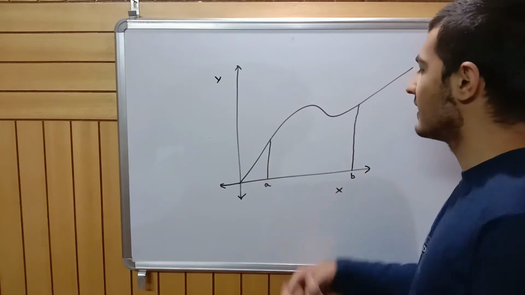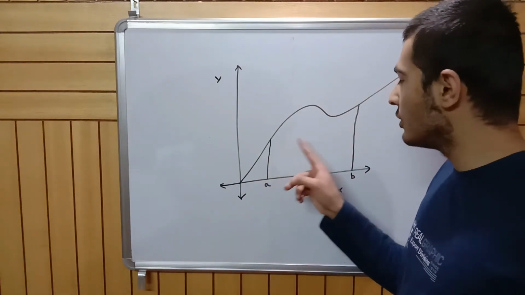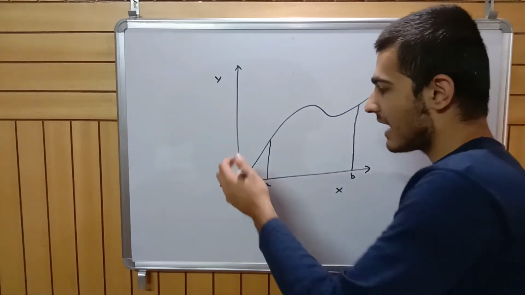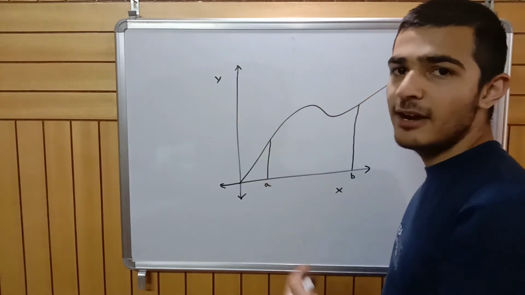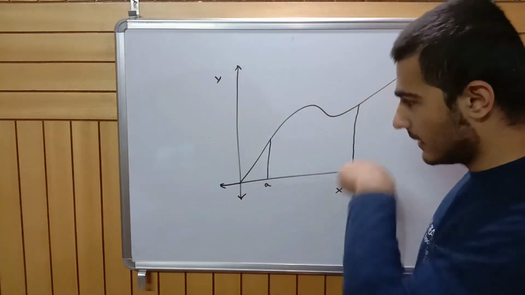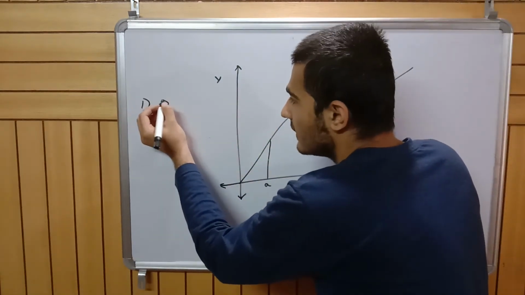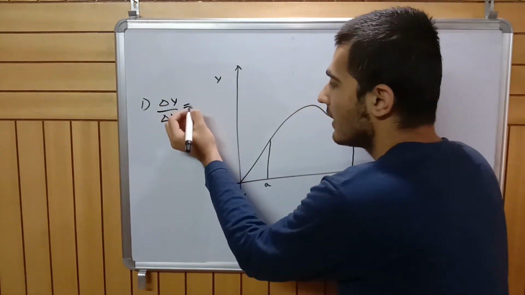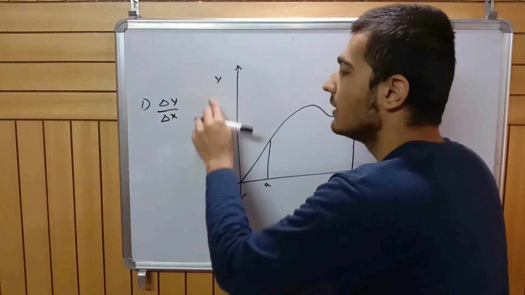This is a general case, and if I have to find the average rate of change from this point to this point, how do I do that? One way was to take the total change in y and the total change in x, and divide the two, and get my average rate of change. That is one way, delta y by delta x, which gives me the average rate of change.